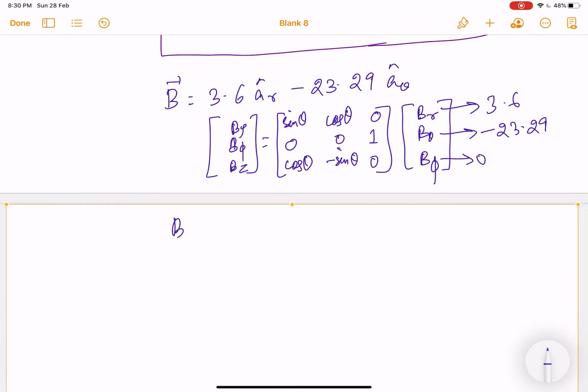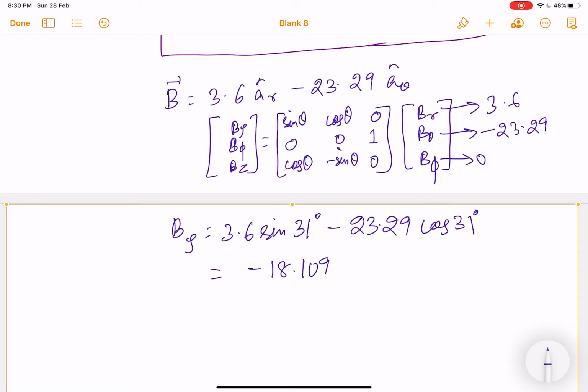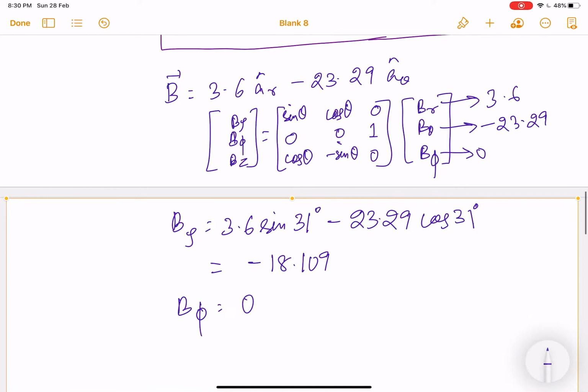Okay, so take out your calculators. Theta we had taken out in the previous video; it is 31 degrees. So this is minus 23.29 cos 31 degrees. Put it in your calculator. What are you getting? Well, I got minus 18.109. Then B phi I can write directly as 0, because it's the same over here.